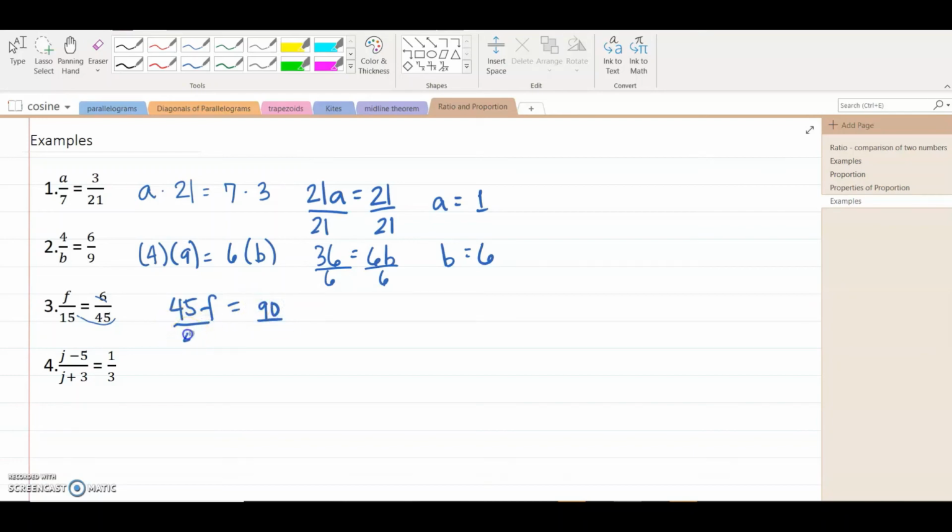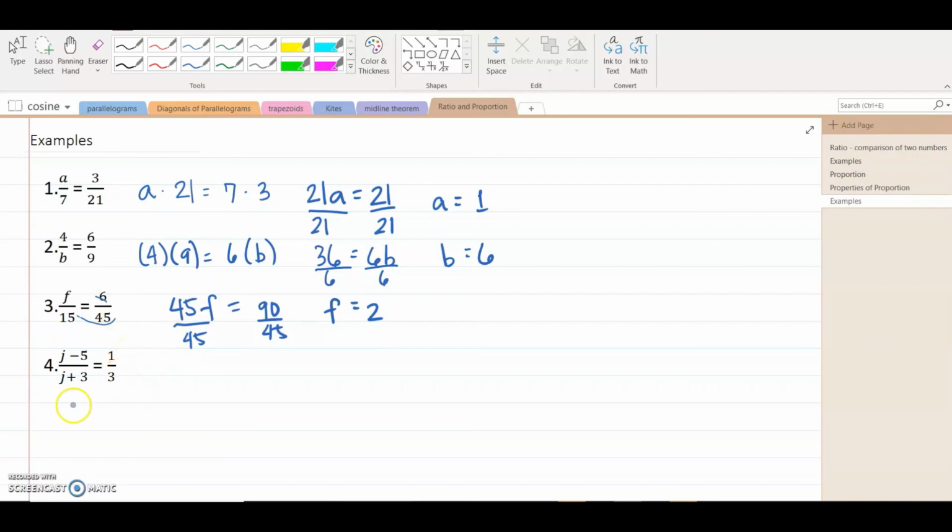Then we can divide both sides by 45. So the value of F is 90 divided by 45. So that is 2. So the fraction 2 is to 15 is proportional to 6 over 45.